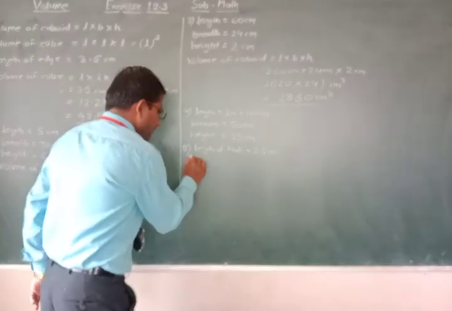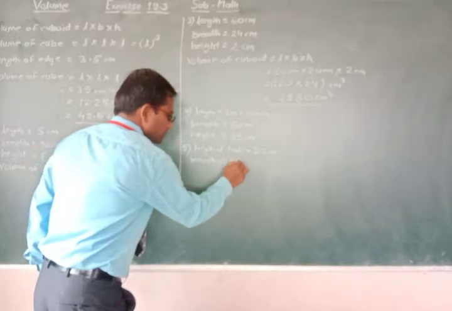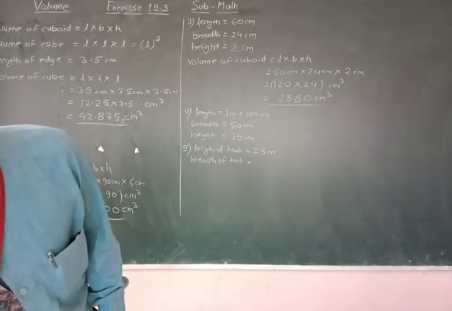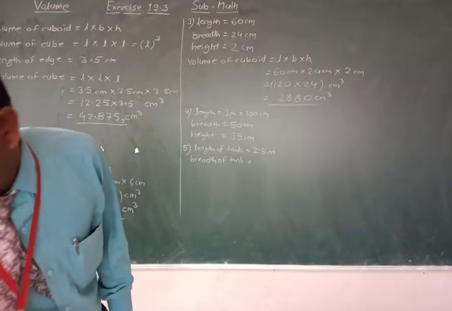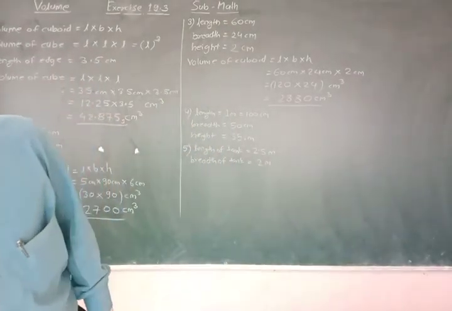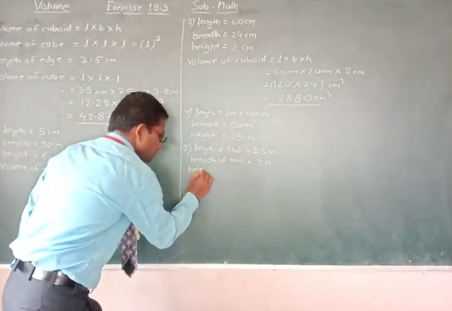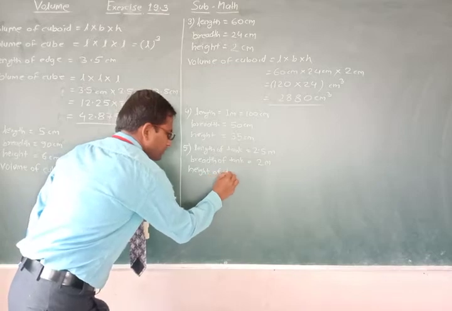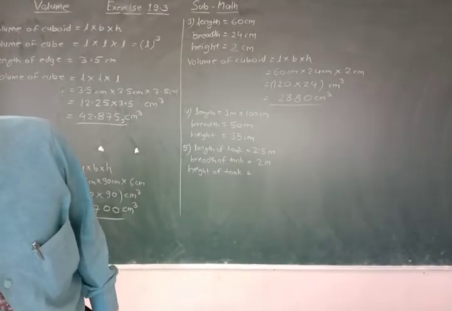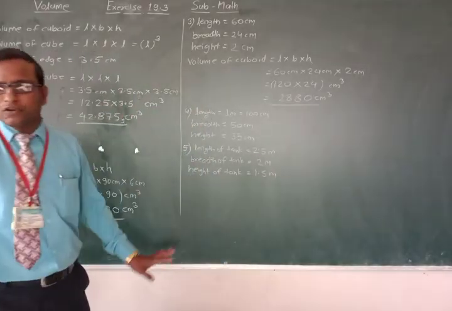Then breadth of tank is 2 meter. Then height of tank is equal to 1.5 meter. All units are same, no problem.